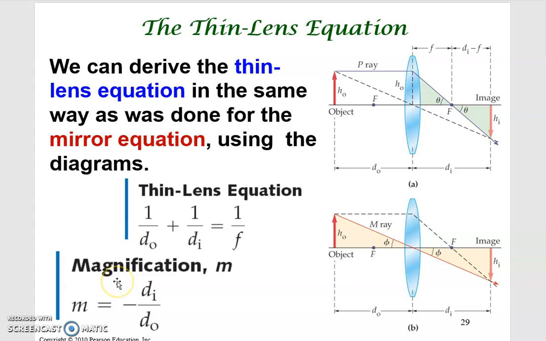And the definition of the magnification is M, which is HI divided by H0. And the same HI divided by H0 is negative DI divided by D0. So this is the thin lens equations.